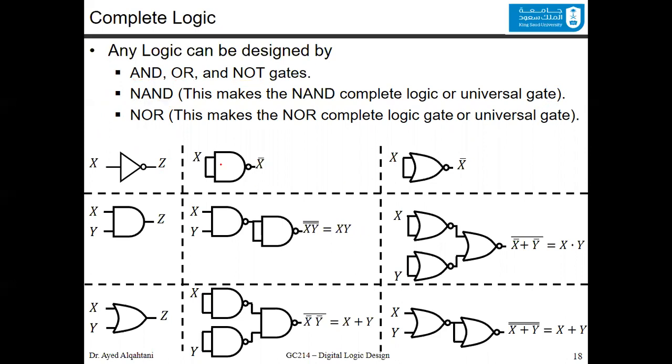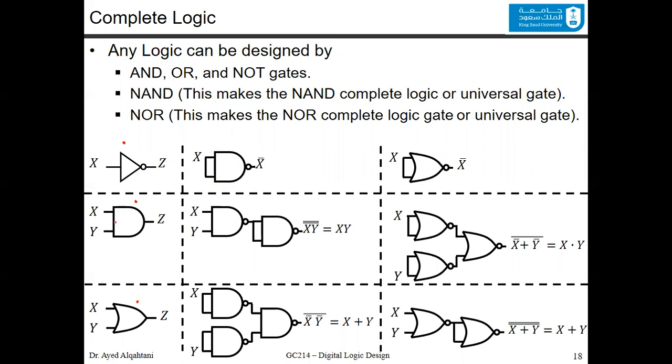To do this, we need to design the NOT, the AND, the OR, using only NAND. So to do the NOT, you can have a single NAND gate where both inputs are connected together. In that case, you will have the output as X bar.